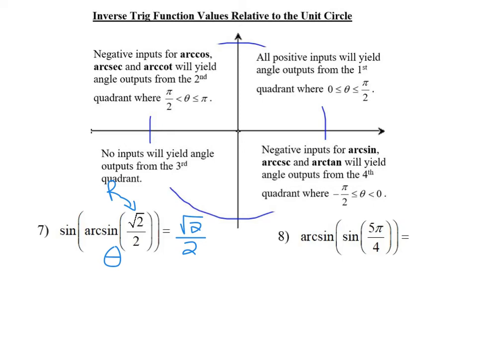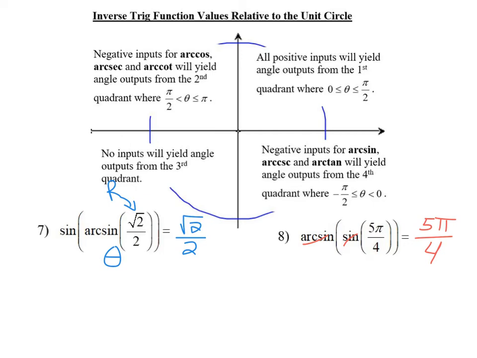All right, so you might look at number 8 and just assume, well, the arcsine and the sine basically are going to cancel each other out. So if that's the case, then our answer must be 5 pi over 4 over here, okay? But this is where you really have to be careful, because one thing we might think about is, where is 5 pi over 4?